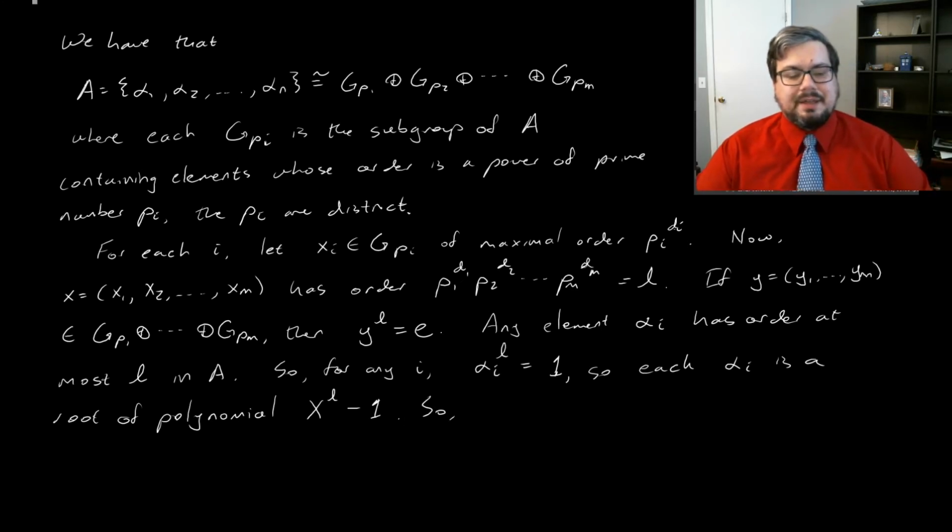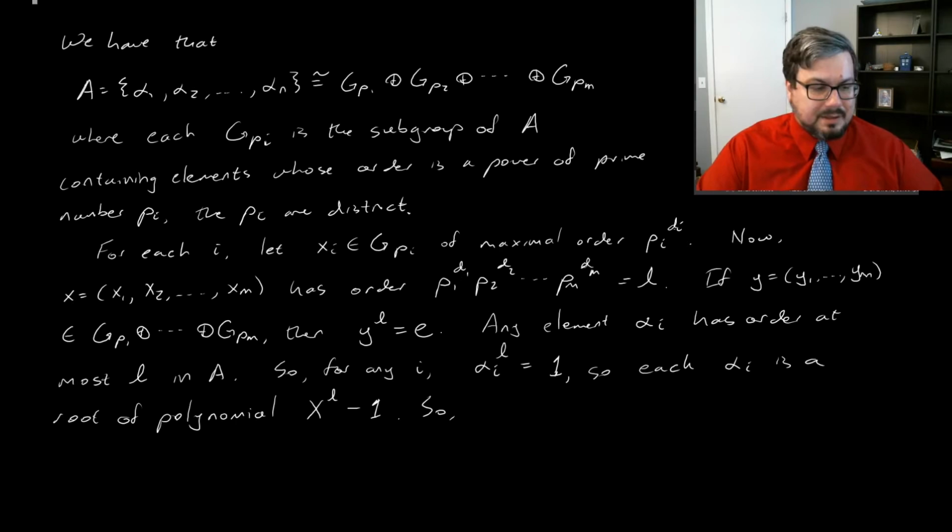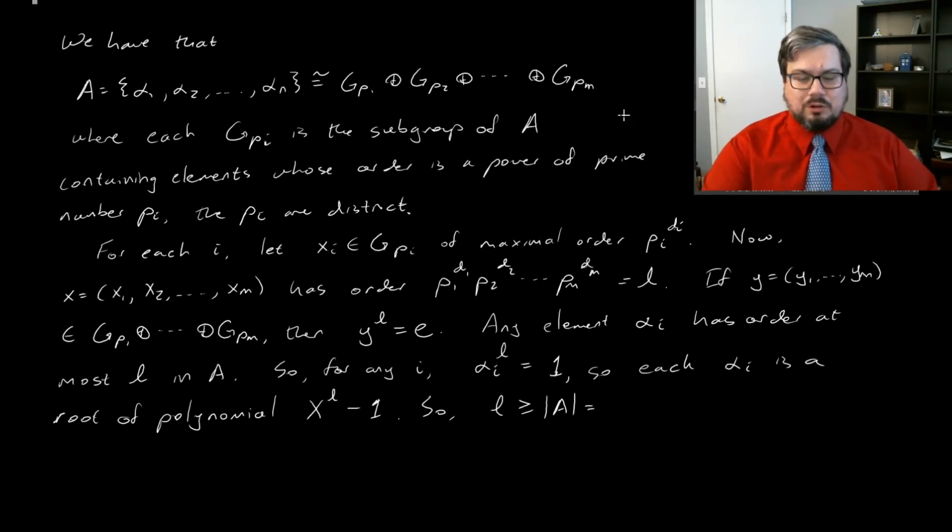So that means that x to the L minus 1 has at least n different roots. So that means that L is greater than or equal to n, which is the order of A, which is the order of this group, which I'll call G for the sake of ease of notation.